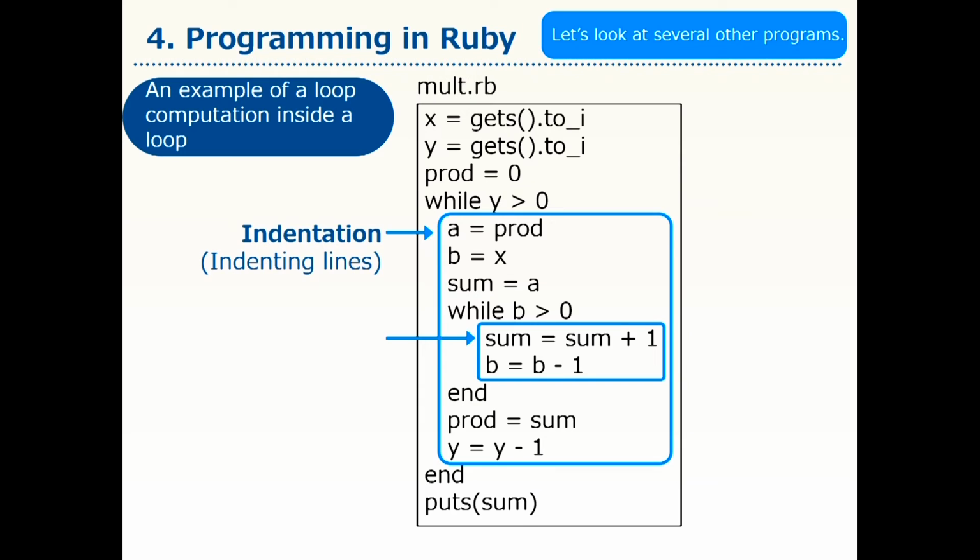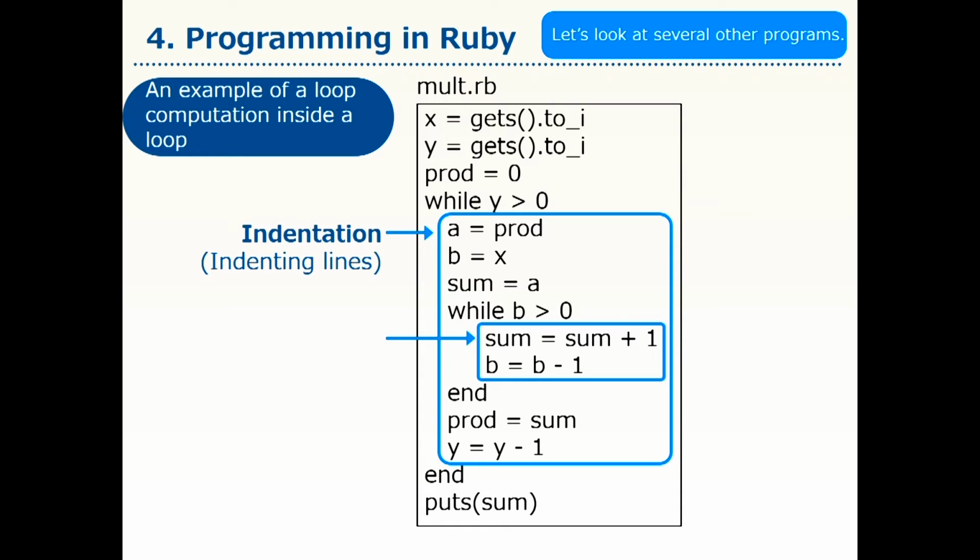Looking at this program here, you see some lines are indented a little. The range of this while loop extends from the while spot to the end spot. The lines are indented a little to show this range clearly.